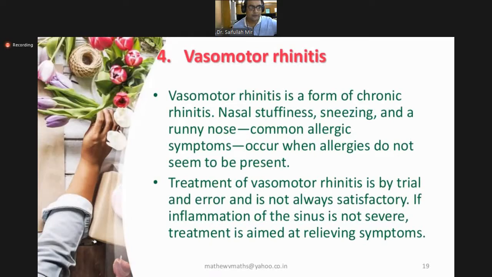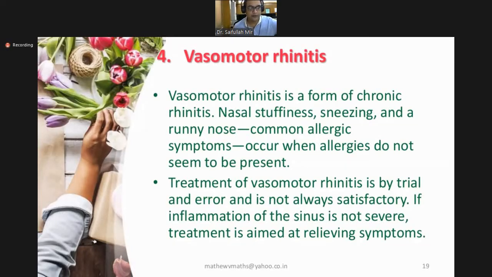So vasomotor rhinitis is a form of rhinitis which is caused by nasal stuffiness and runny nose, and it's basically a disbalance of your sympathetic and your parasympathetic systems. When your sympathetic system is firing, it tends to open up your airway.